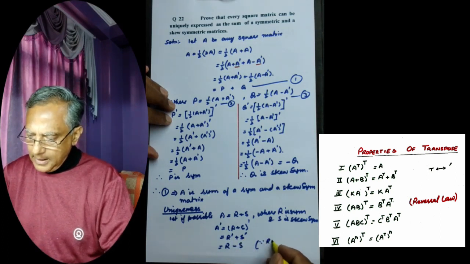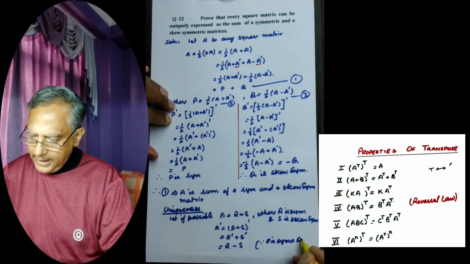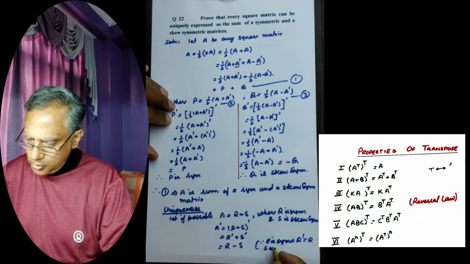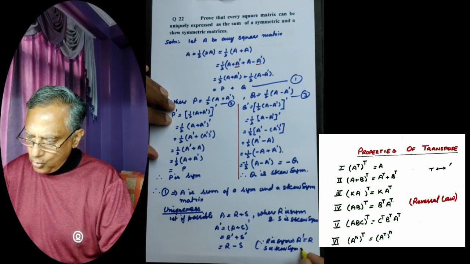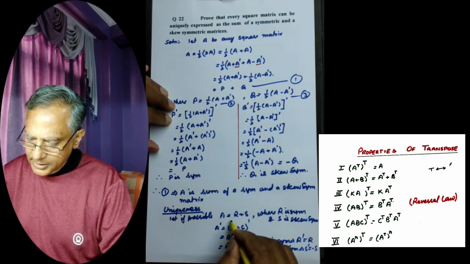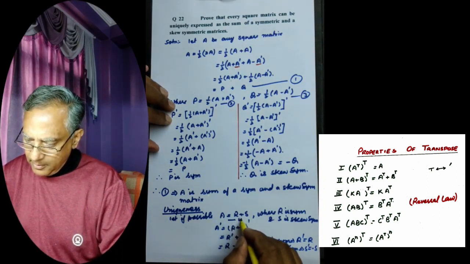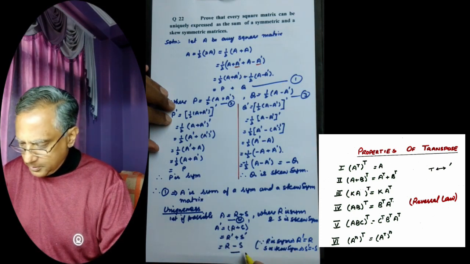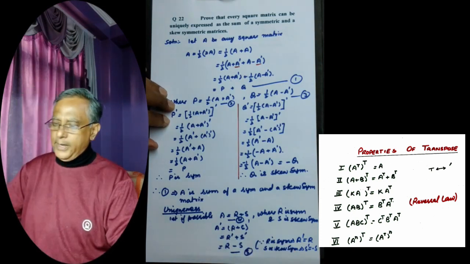Because R is symmetric implies R' is equal to R, and S is skew symmetric, therefore this implies S' is equal to -S. Now let this be given the number 4 and this be given the number 5.